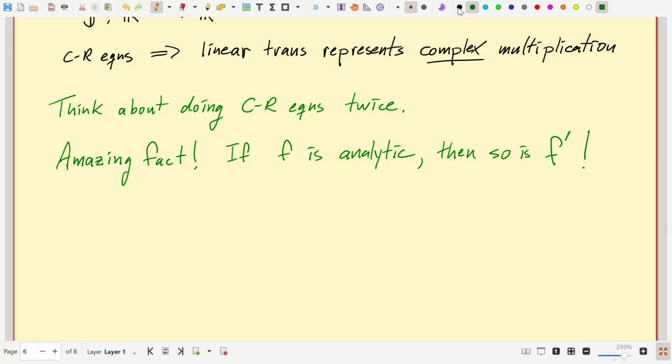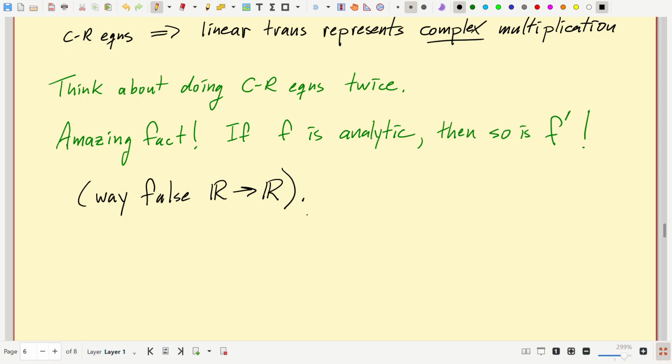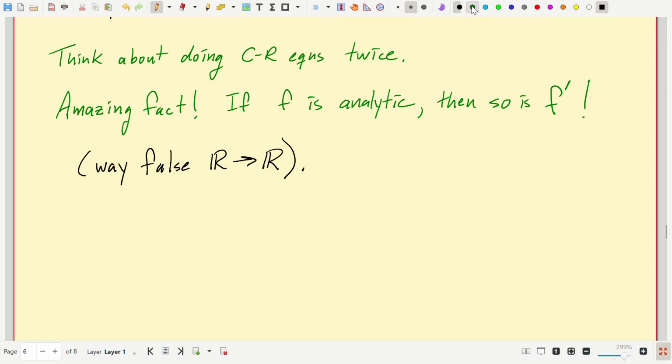So this thing is way false, R to R. But a remarkable fact in the complex case, and of course you can do it again and again. So the amazing thing is that if f is analytic, it implies f prime is analytic, implies f double prime is analytic, etc., etc.